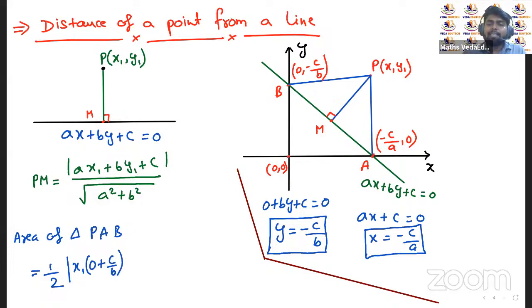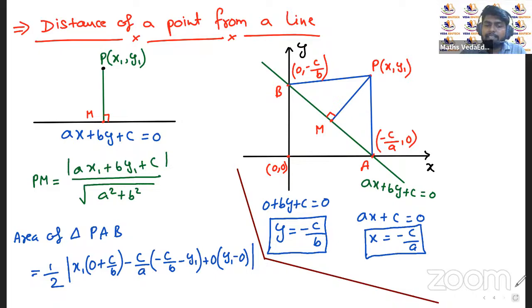Then minus of c by a, the second point's x, that is minus of c by a into minus c by b minus y1. Then again, the third one is plus 0 times y1 minus 0. Modulus closed here.